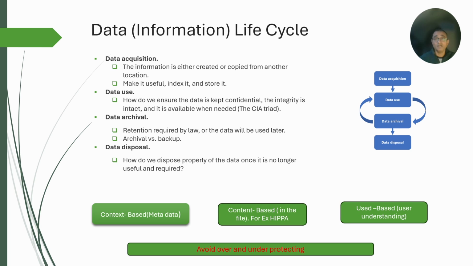It could also be based on the actual usage of the data, for example what the data means to a particular user. For example, an email to me from my family may mean something way different than an email from a grocery shop where I made a purchase last week. So it is important to have that differentiation in mind.